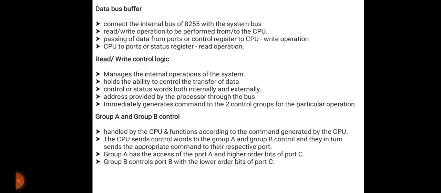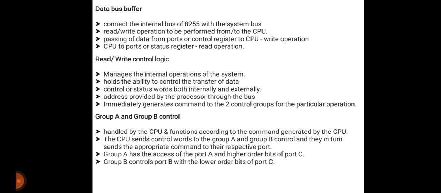Whenever there is a need to fetch such data in between, it accepts the addresses provided by the processor through the data bus, and immediately generates commands to the two control groups for a particular operation. What are these control groups? That is group A control and group B control.